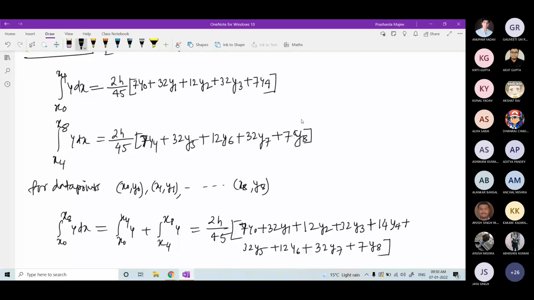So this will be the value of the integration x0 to x8 y dx by Boole's rule.